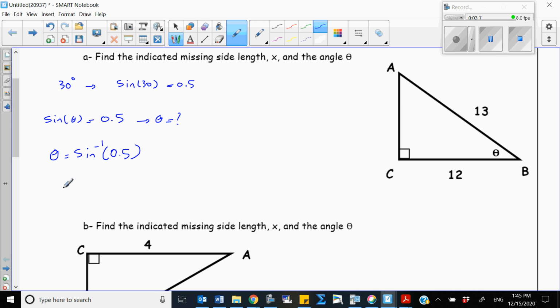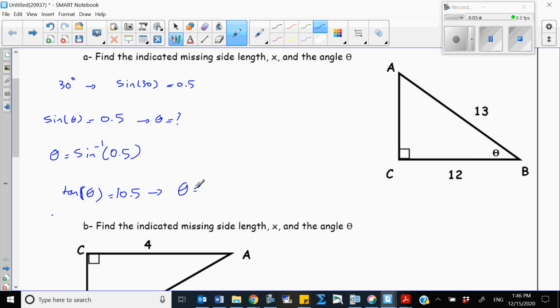Let's say I tell you I have an angle whose tangent is, for example, 10.5, and I ask you, what is that angle? So you're going to use the inverse function.